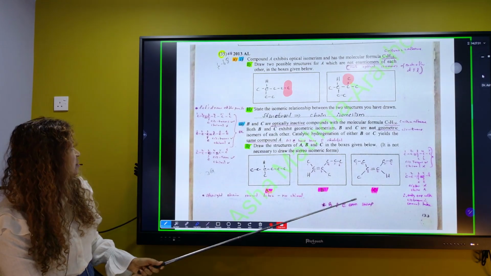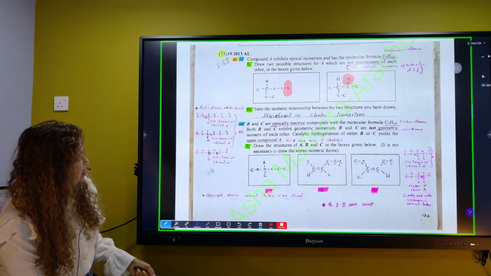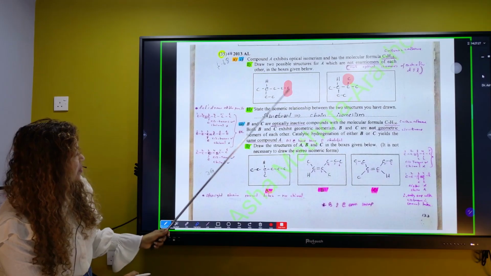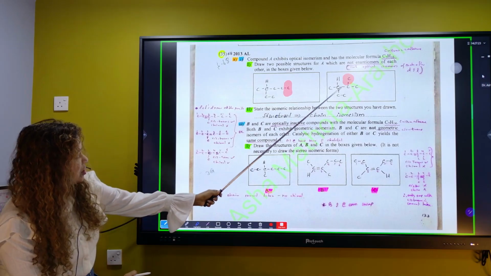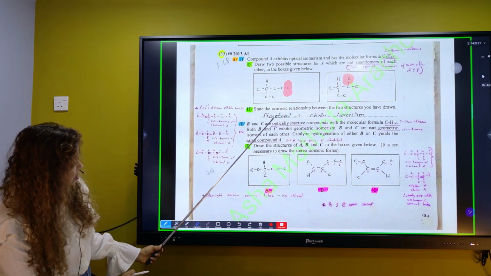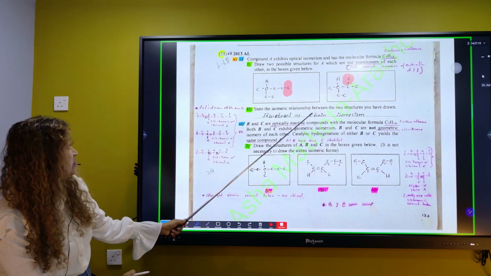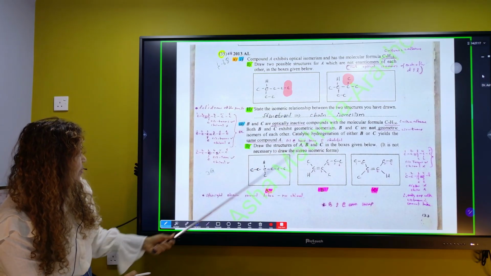So you have two structures. State the isomeric relationship. Okay, so only the structural, chain isomerism. Just write both: part of structural, but specifically chain isomerism.